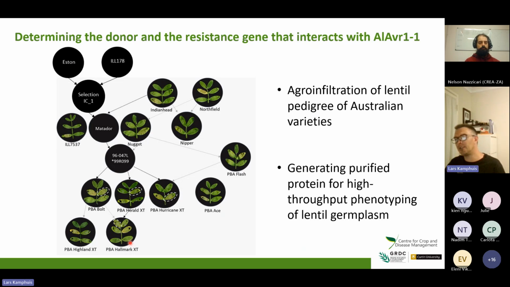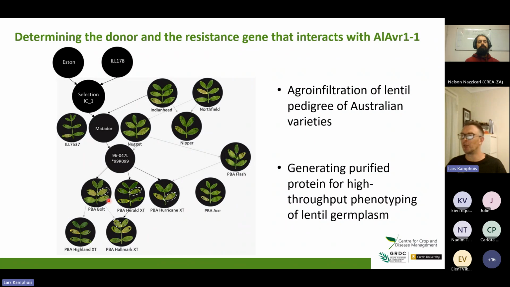What you can see here is that PBA Bolt that I mentioned, and Hurricane, they cause that hypersensitive response, and we're now down to a bunch of parents in black here that we've got to find out whether they have that hypersensitive response. We've obtained these lines now, and we're trying to get that material ready for agro-infiltration.